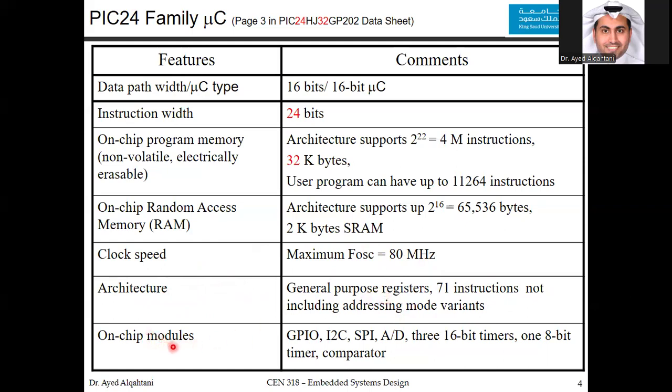The on-chip modules, there are so many. We have the GPIO, we have the I2C, we have the SPI, the analog digital converter. We have also three 16-bit timers, and we have one 8-bit timer. Also, we have a converter.